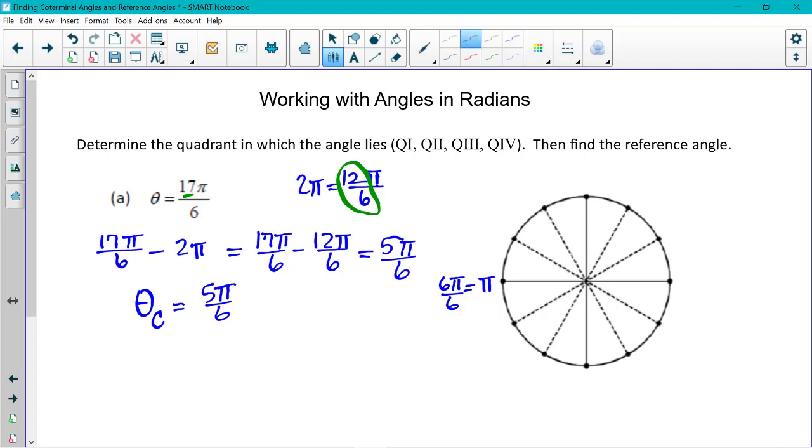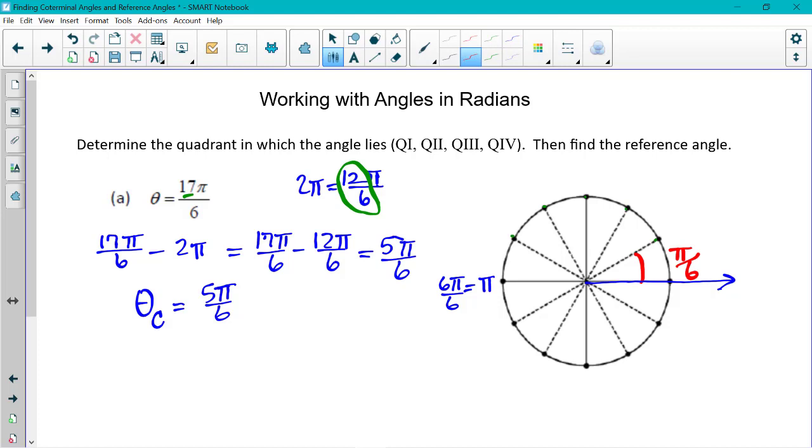So here I have my 12 sector circle, and we know that each sector is 30 degrees, or pi over 6. All right, so if my initial side here and the terminal side, then I would go 5 pi over 6 radians. So that is basically 5 of those sectors. So we can count off 1, 2, 3, 4, 5.